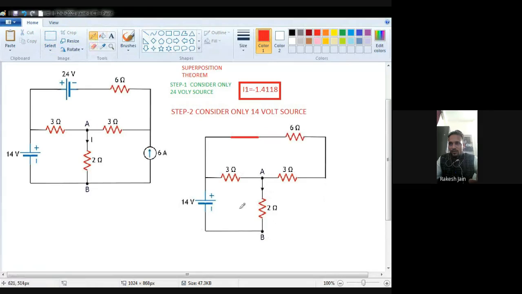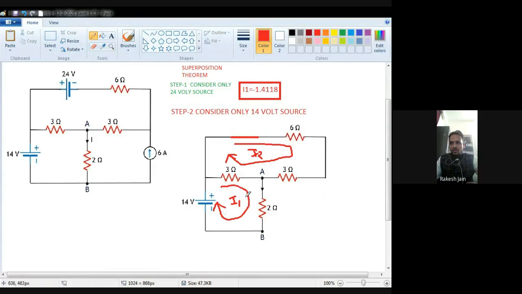So I1 is minus 7.059, moved to the right hand side, divided by 5. So now what will be the answer of I1? I1 will be equal to minus 1.4118. So this is the answer of step number 1.